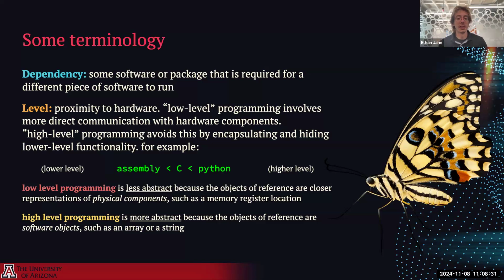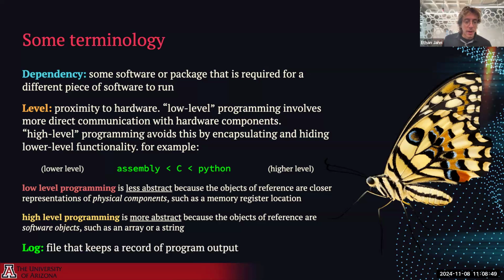Whereas in C, if you're looking at memory registers and bit shifting, things like this, that is less abstract. It's more directly related to what's going on inside of the physical components. So that's level. And then log, the last piece of terminology here, is just a file that keeps a record of program output, and we will be talking about those a little bit.